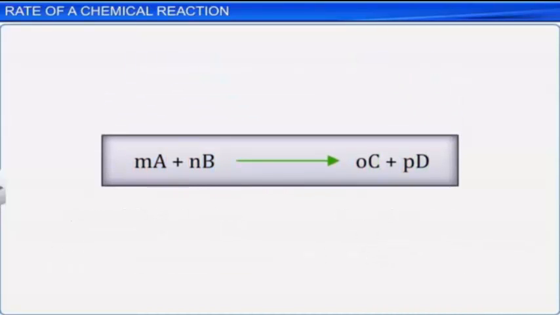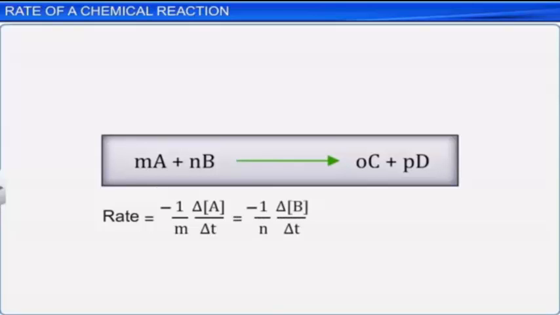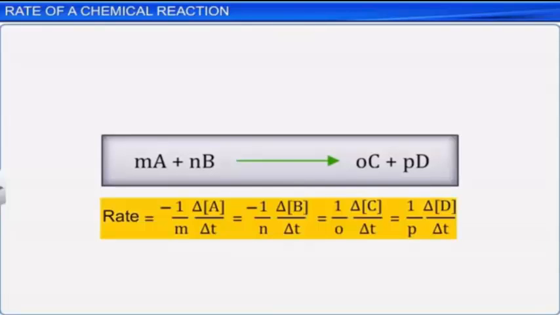The rate of chemical reaction in this case is given as -1 by m into delta A by delta t equal to -1 by n into delta B by delta t is equal to 1 by O into delta C by delta t is equal to 1 by P into delta D by delta t. You have learnt about the rate of reaction.